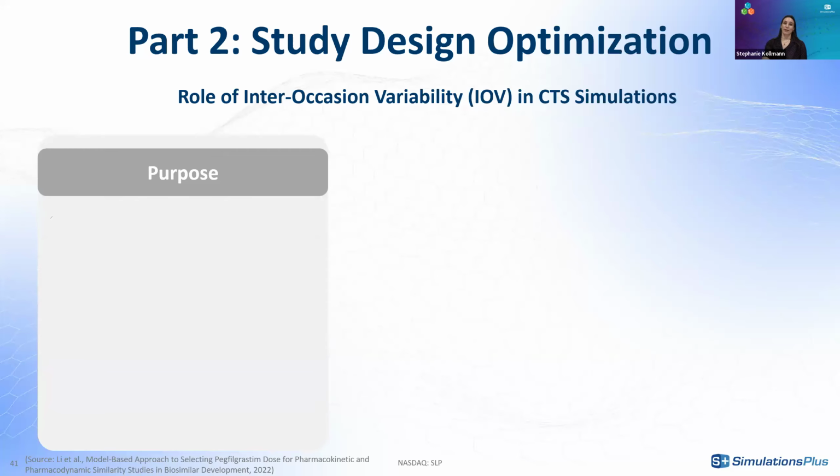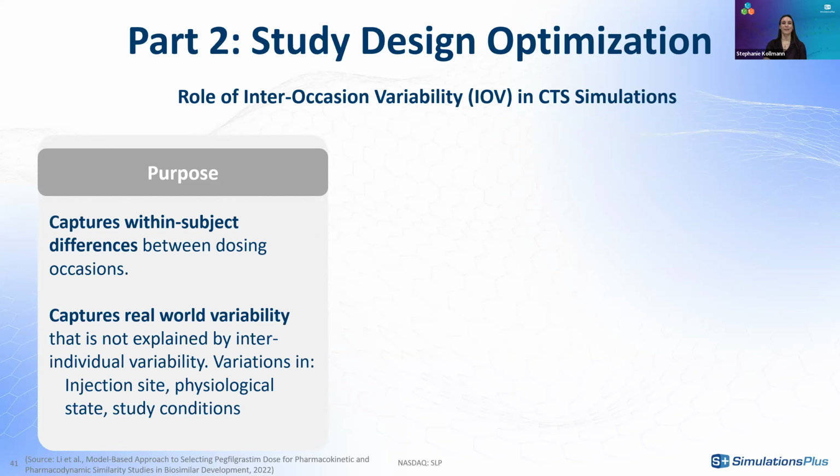To make the simulations realistic, we included inter-occasion variability, IOV. This captures differences that can occur within the same subject across dosing occasions. For example, changes in injection site, physiological state, or procedural factors.